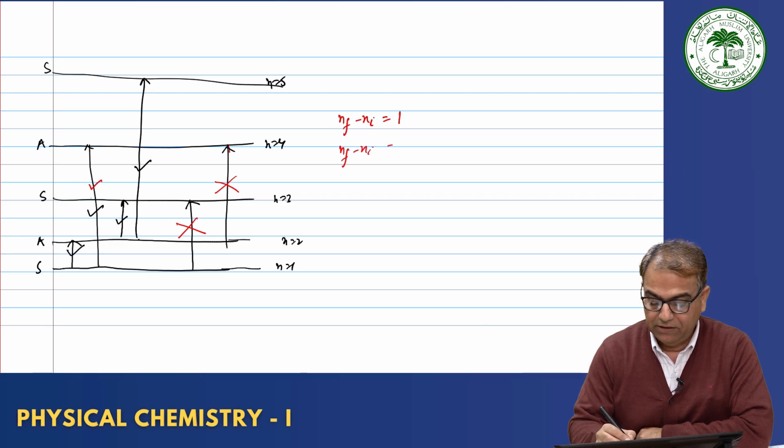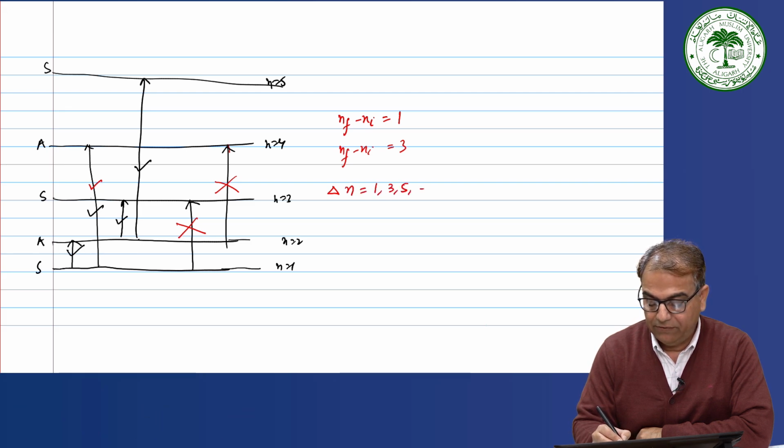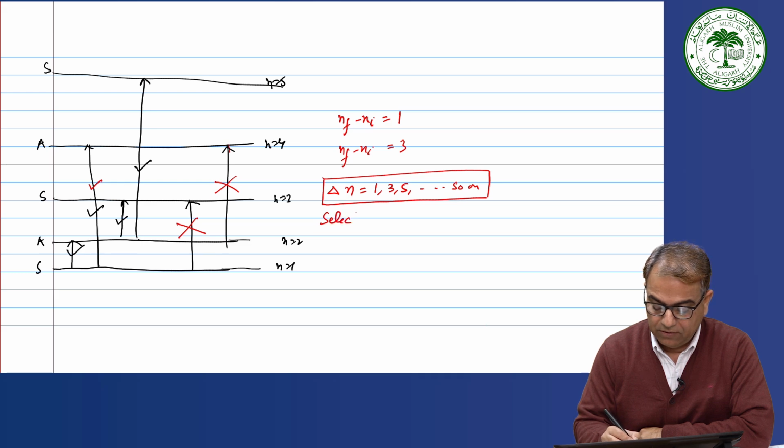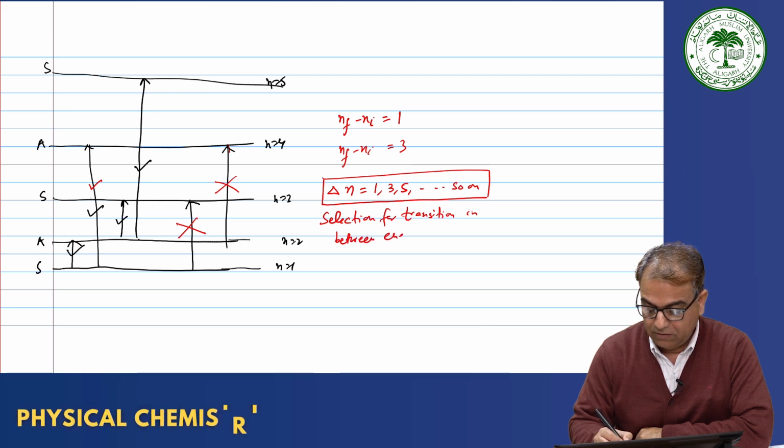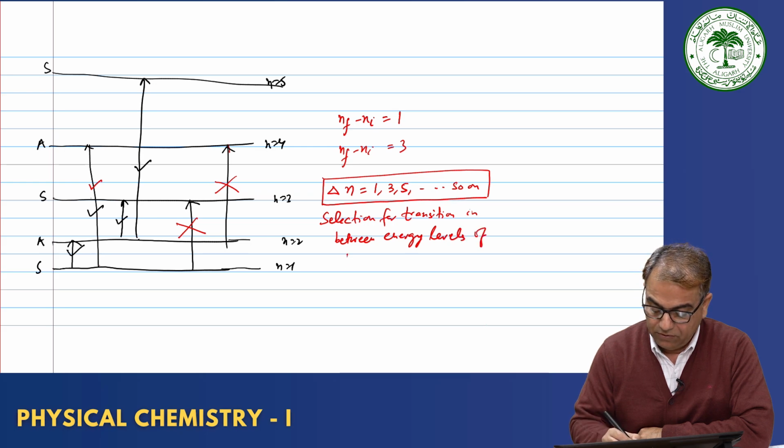4 minus 1 is 3. We say that transition will take place only when delta N is 1, 3, 5 and so on, and this is what is called the selection rule for transition in between energy levels of one-dimensional box.